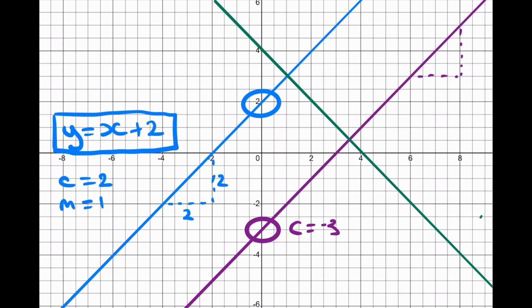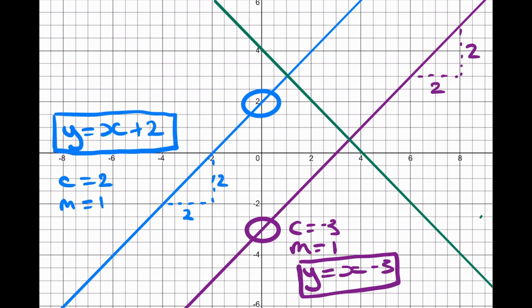This is 3 to 5, so this is obviously 2 high, and also 6 to 8, 2 wide. 2 divided by 2, our gradient is 1. So we can see we've got the same gradients. If we've got the same gradients, they must be parallel. So the equation here is y is equal to 1x, so just x, and then subtract 3. So those two we know to be parallel.